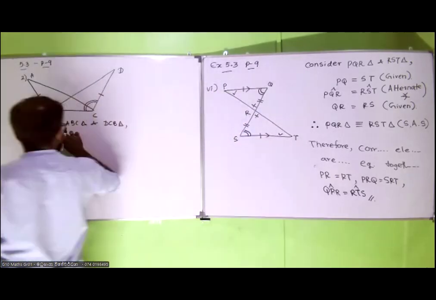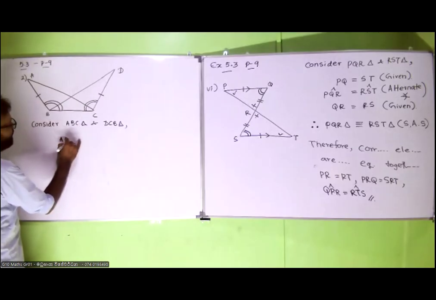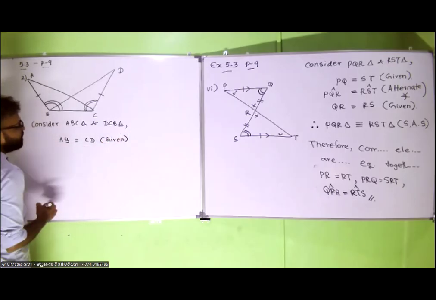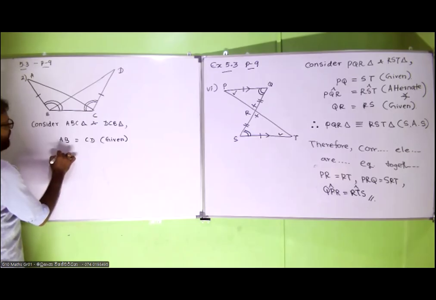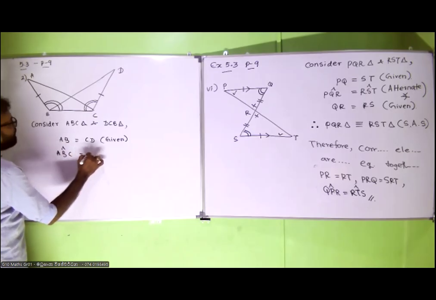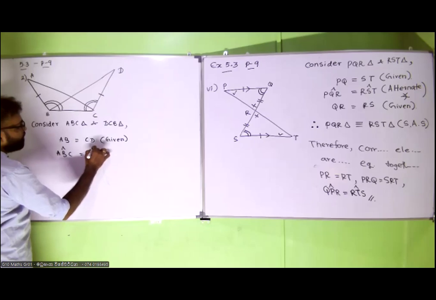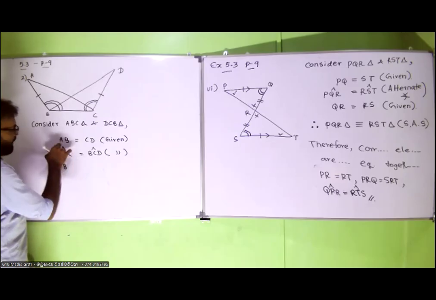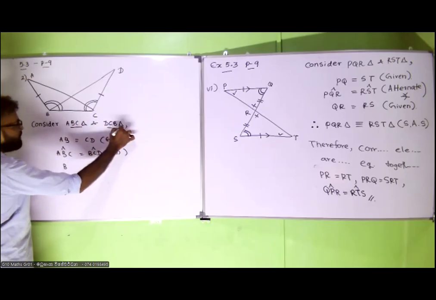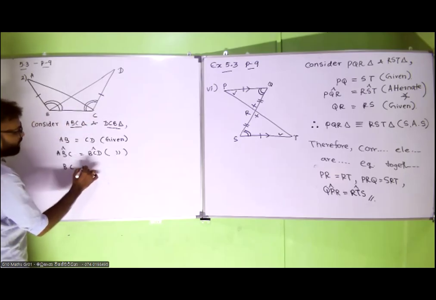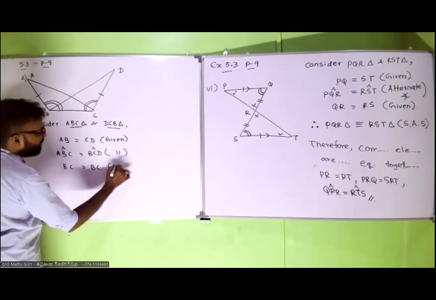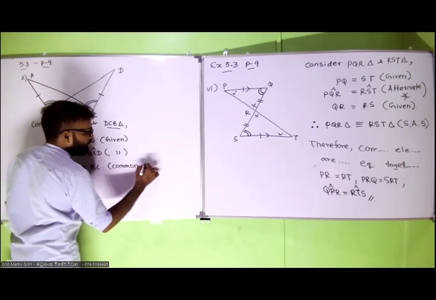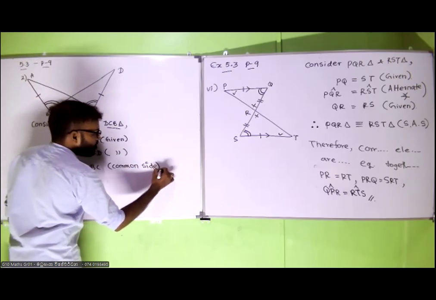AB equals CD, so it is given. Angle ABC equals angle BCD, it is also given in the question. BC in triangle ABC and triangle DCB is a common side. It is not given, but we have extracted it as a common side.